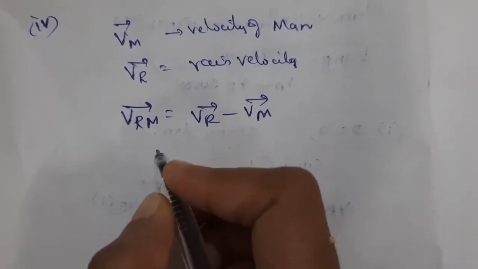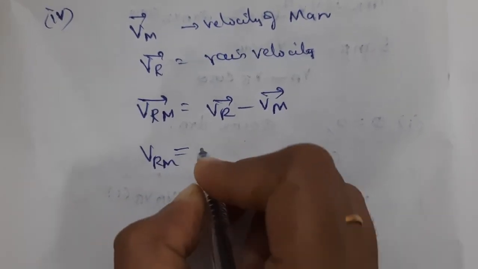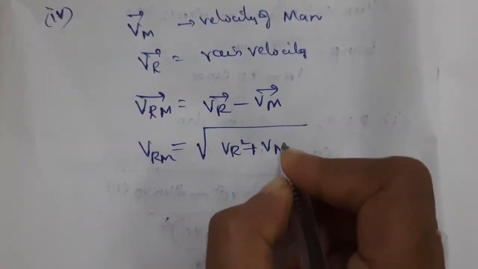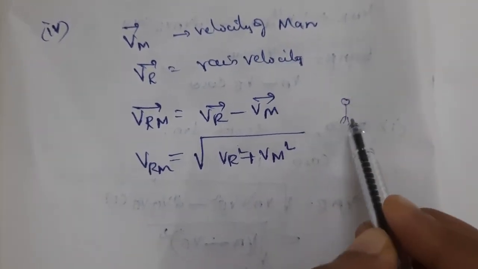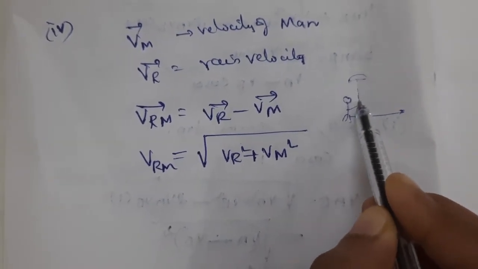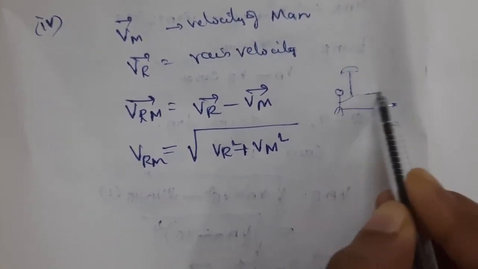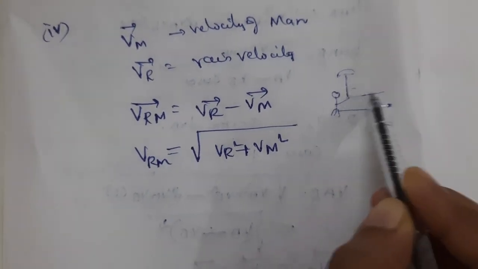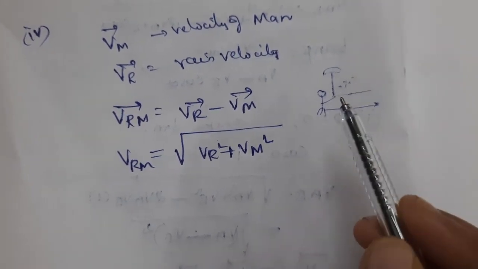Vr minus Vm. So we can write the magnitude as Vrm is equal to root of Vr square plus Vm square. Since the person is walking horizontally and he is holding the umbrella vertically, the angle between the umbrella, the rain direction, and the person moving direction is 90 degree.